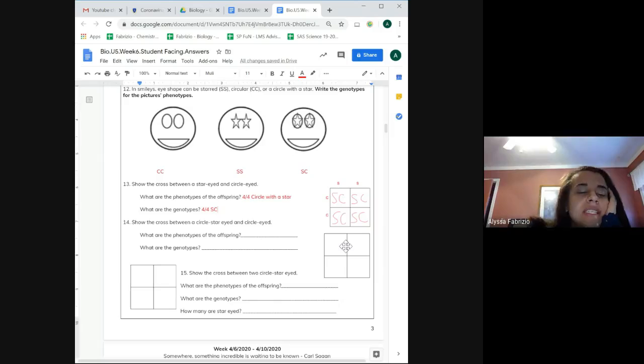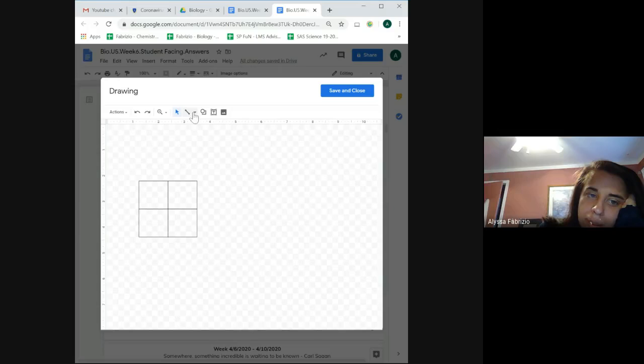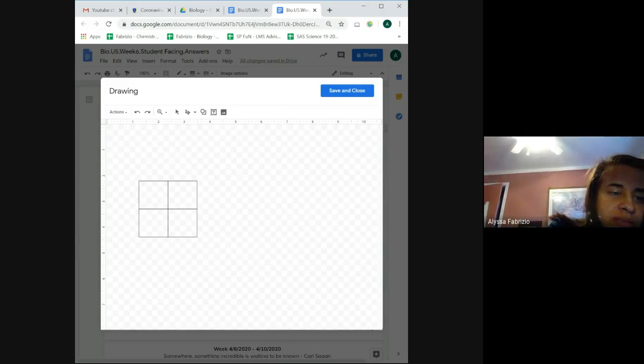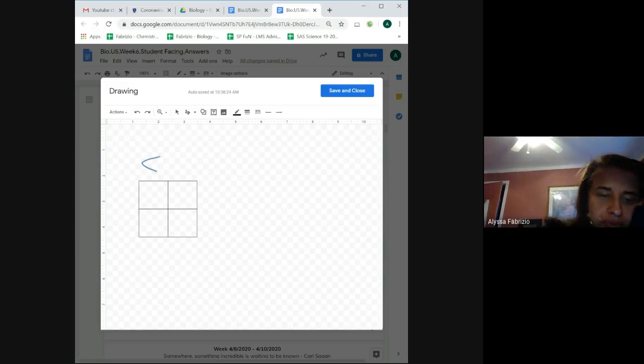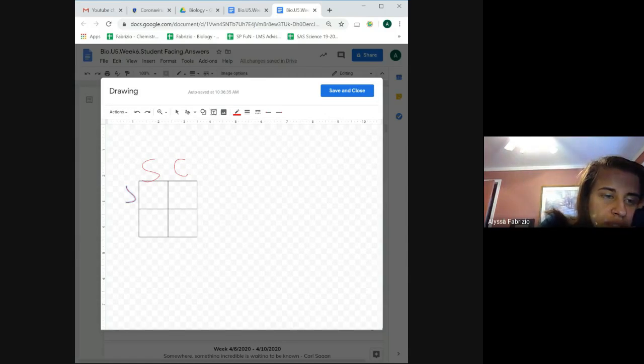Okay, so now it's asking us to show a circle-eyed and a circle-eyed cross. So we're going to do that. So we have a circle-with-star-eyed, which is the genotype of SC, cross SC.